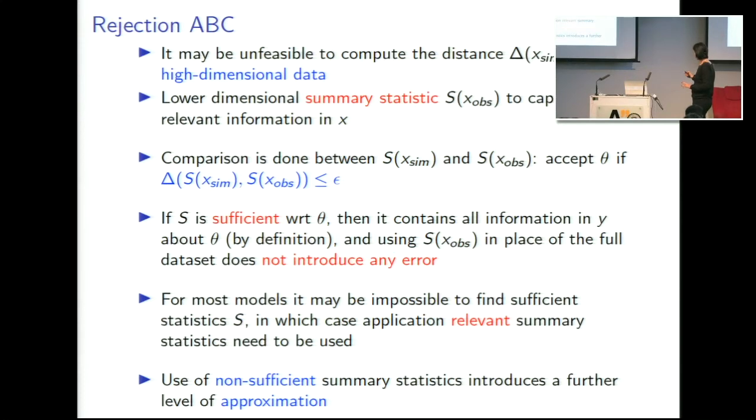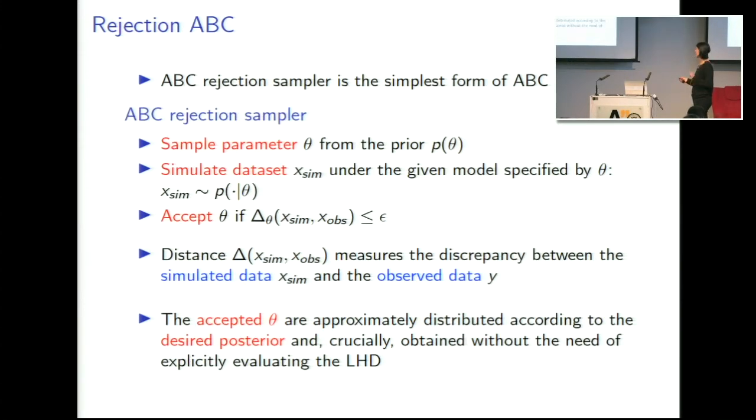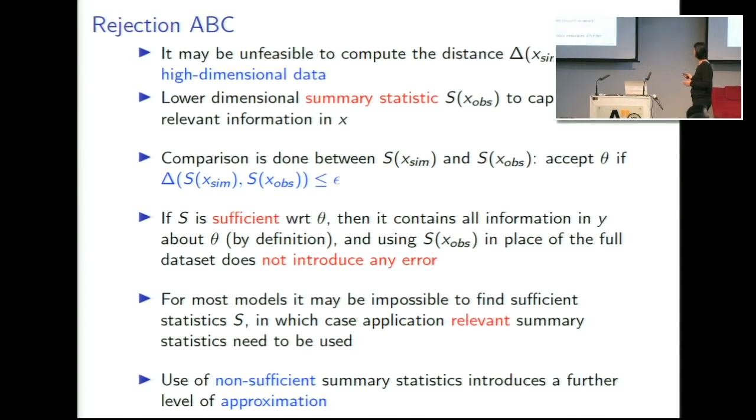Now, when the data is in a high dimensional space, big data, instead of comparing the simulated data with the observed data, we summarize both the simulated data and the observed data through some summary statistics, some features that capture the information contained in the data relevant for making inference on the parameters.